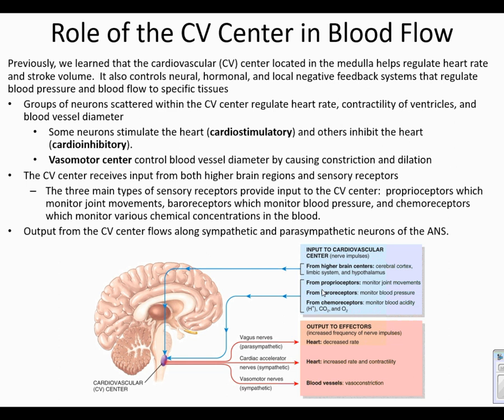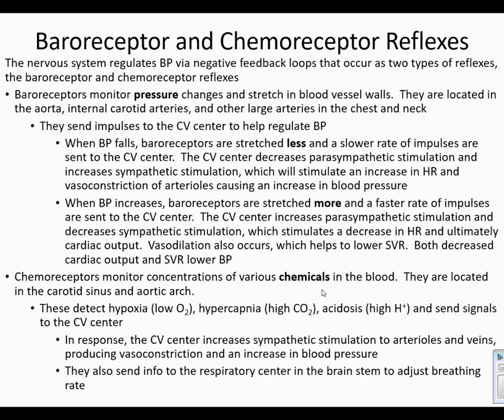We'll talk a little bit about the cortex and how that can influence blood flow and blood pressure, as can your hypothalamus. I think this is the perfect spot for calling her quits.